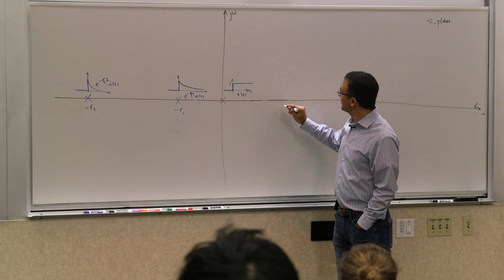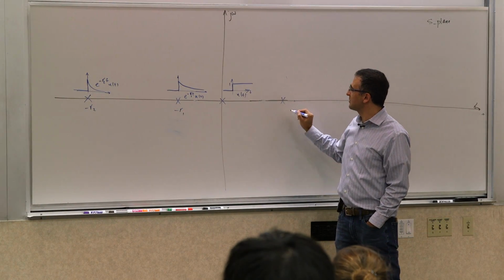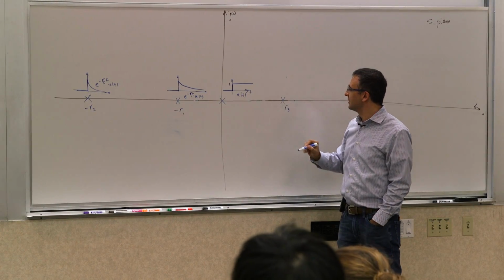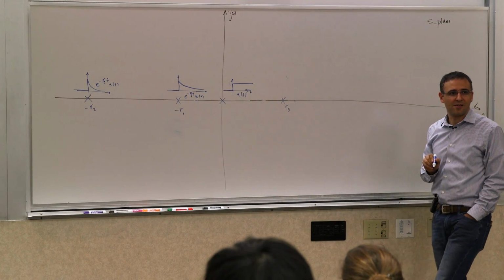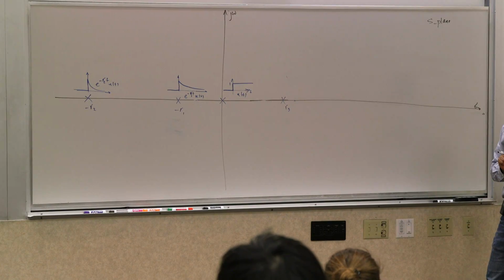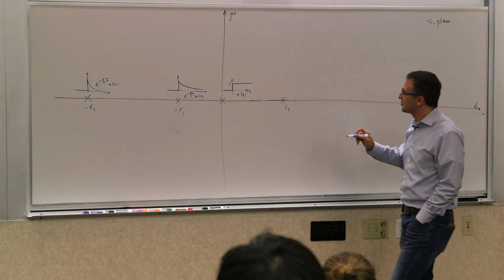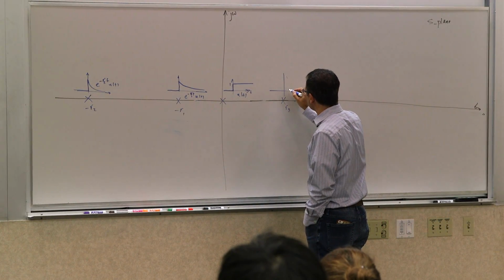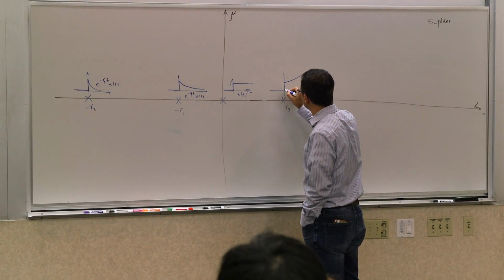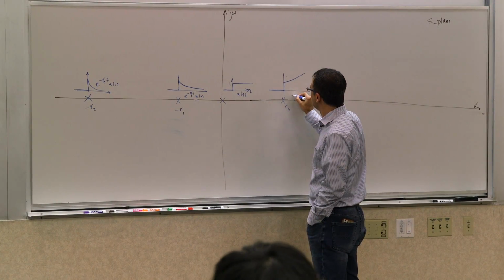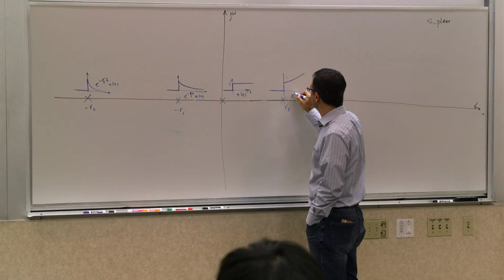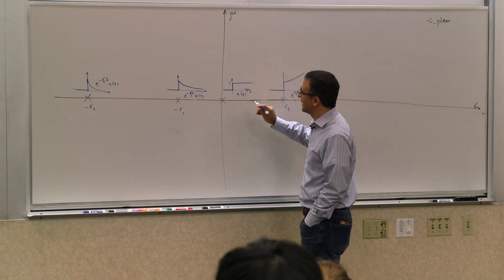Now, how about if I'm going in this direction? What if I have something here, R3? Right. So now this is going to be a growing exponential. Actually, these are, yeah.